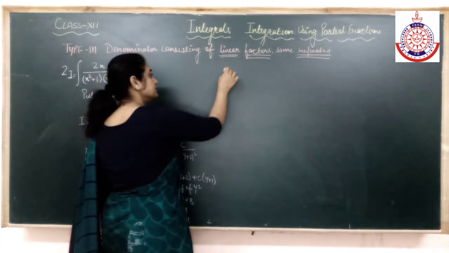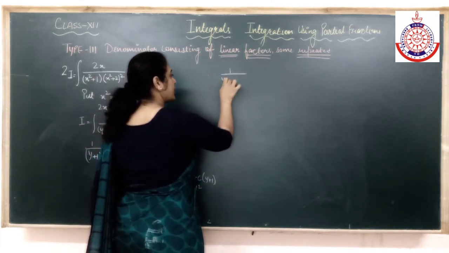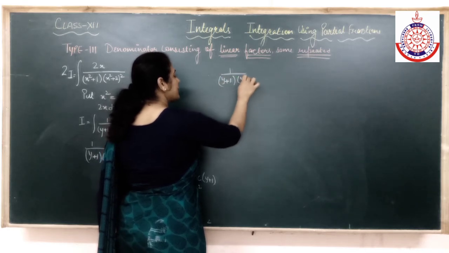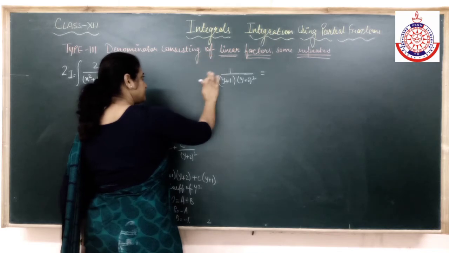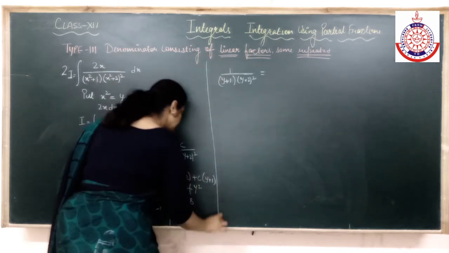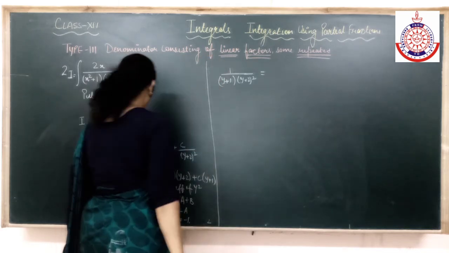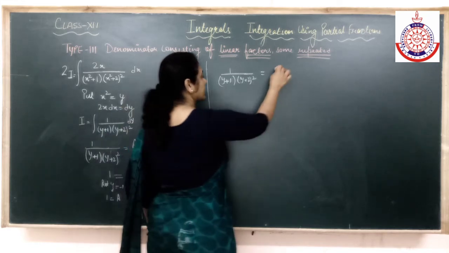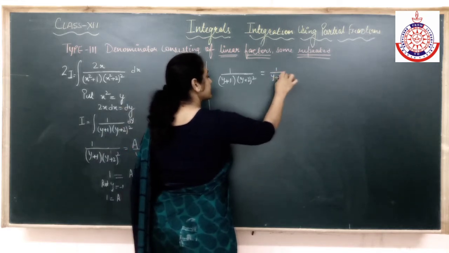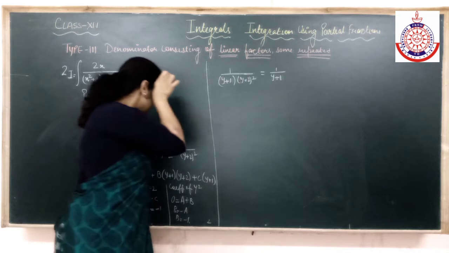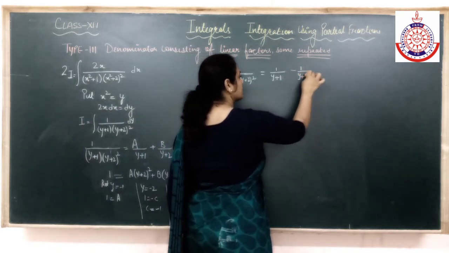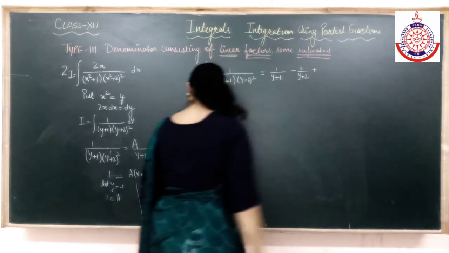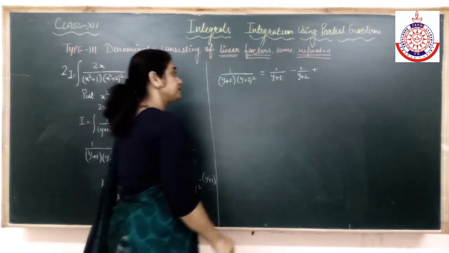Now this (y plus 1) into (y plus 2) whole square can be written as A, A is 1 upon y plus 1. B, what is B? B is minus 1. C, what is C? C is minus 1.